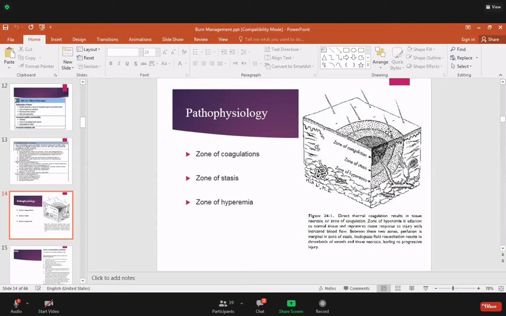Between the zone of hyperemia and the zone of coagulation, there is a small area of tissue which lies between the two, the coagulation site and the hyperemic site. This zone is called the zone of stasis.